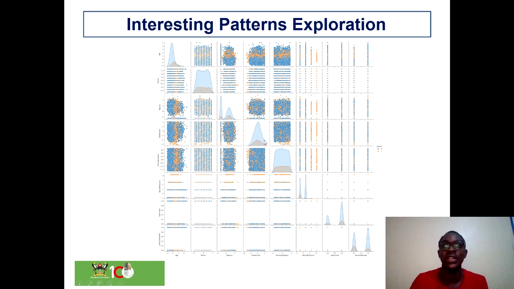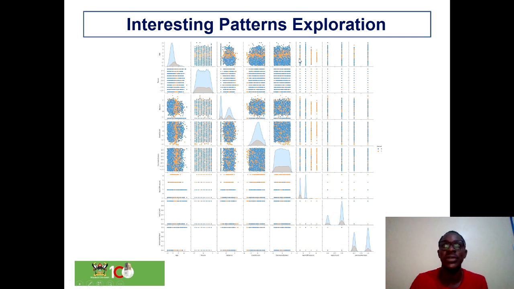Then lastly, we did the pairwise plots while doing some sort of clustering to show the differences between the people that leave the bank and those that stay with the bank.